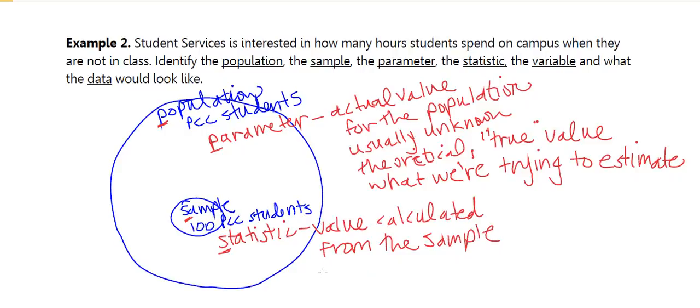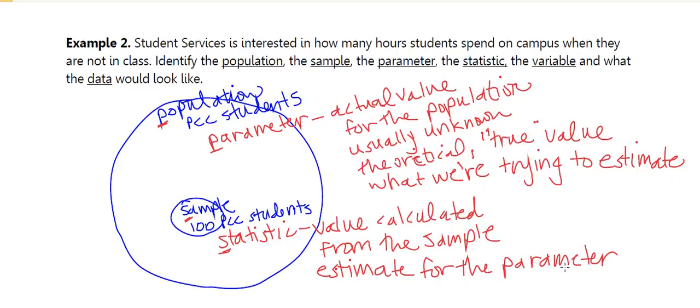And this is an estimate for the parameter. This is an estimate for the parameter.